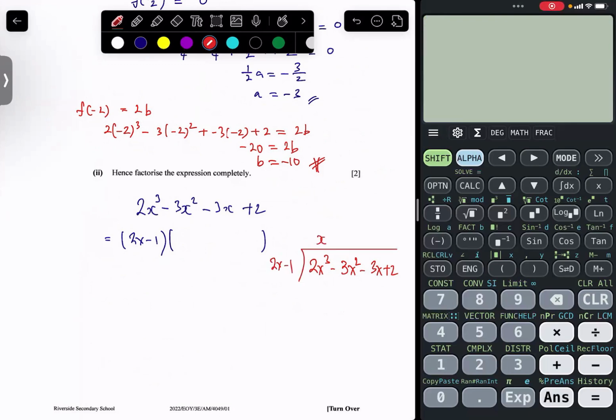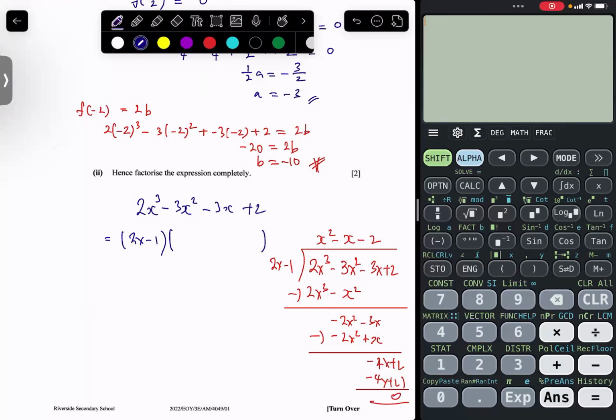So we have x squared, minus, negative 2x squared minus 3x, so minus x, then negative 4x plus 2. So we'll get x squared minus x minus 2.